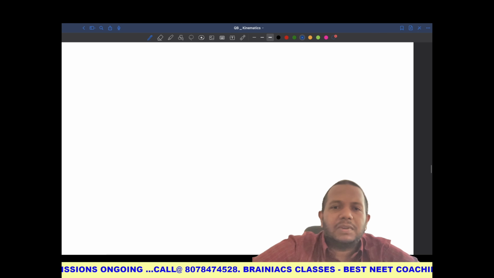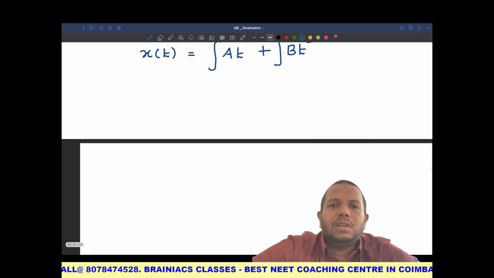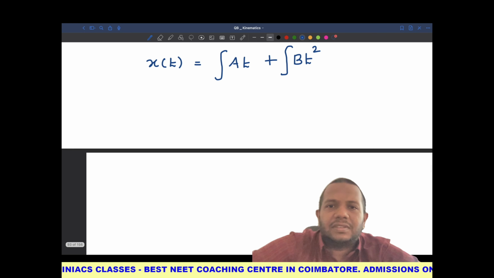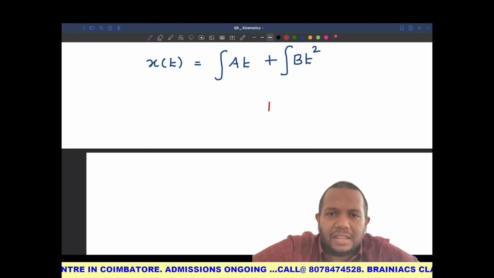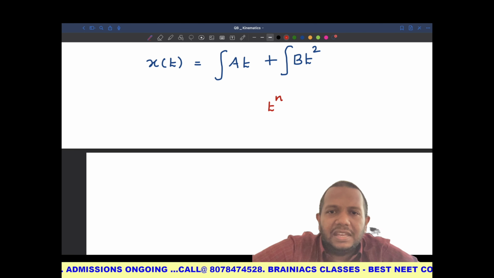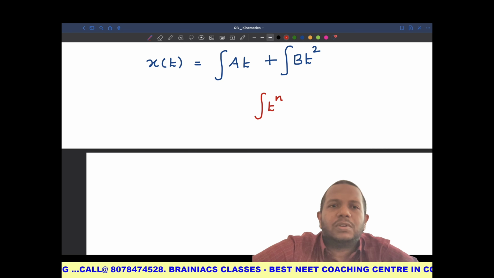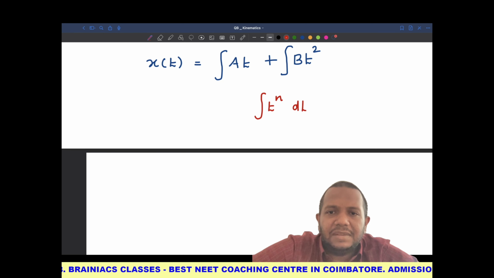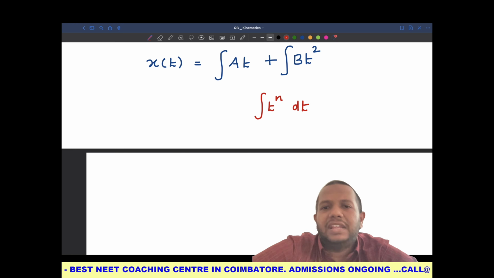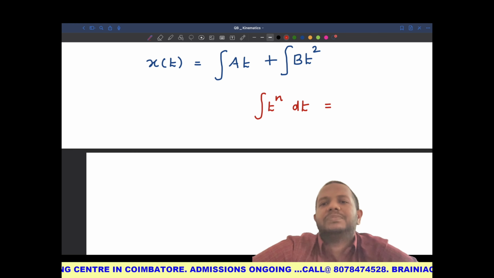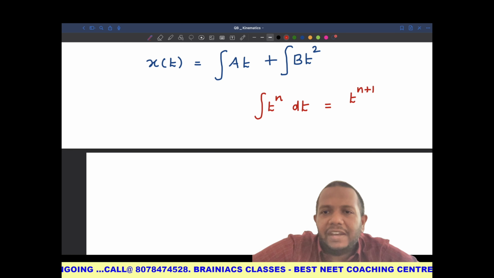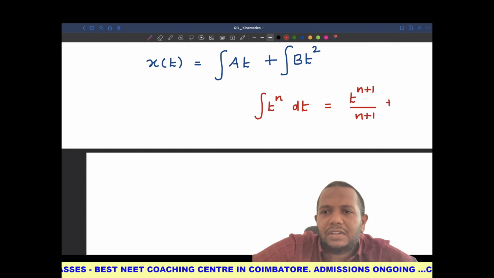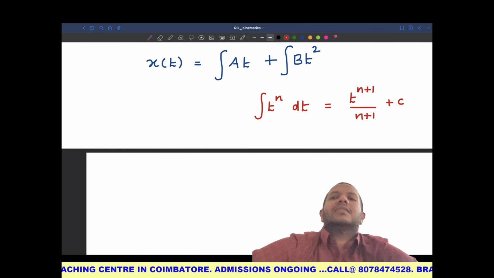Let me expand my screen. The fundamental in maths states that if you are integrating something, for example t to the power n, the integral of tⁿ dt is t to the power n+1 divided by n+1, plus a constant c.